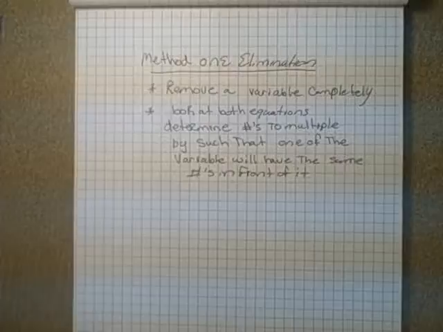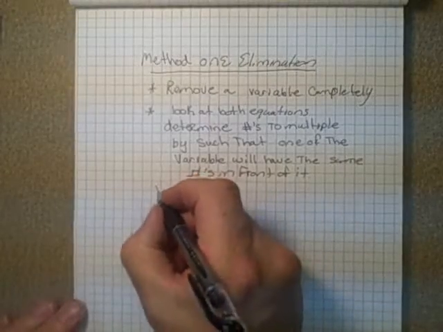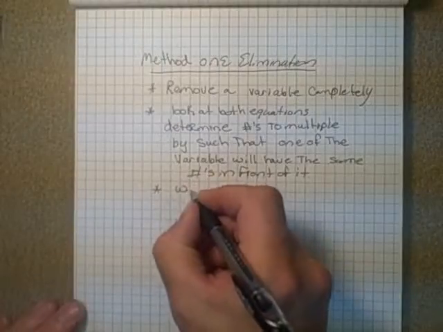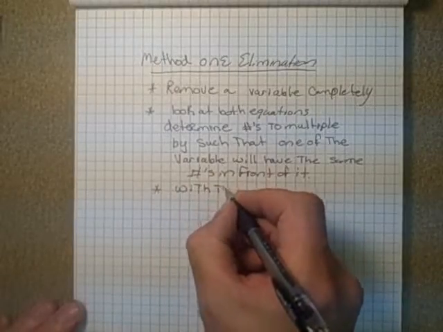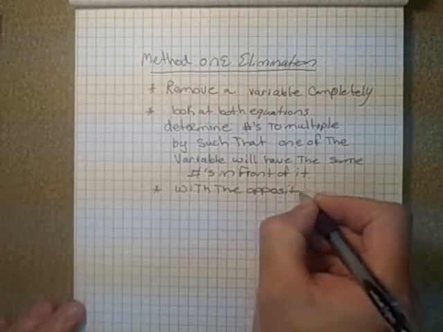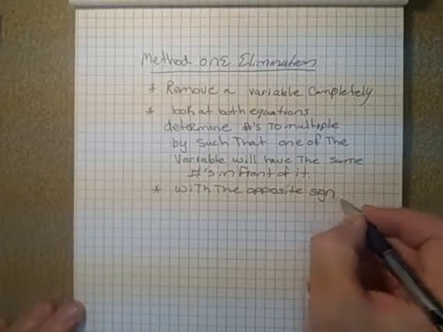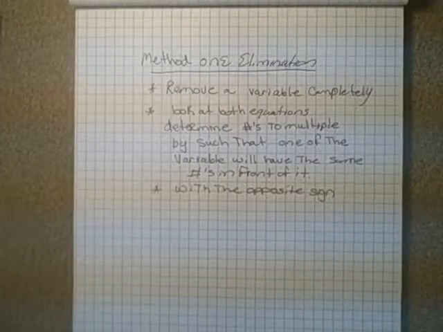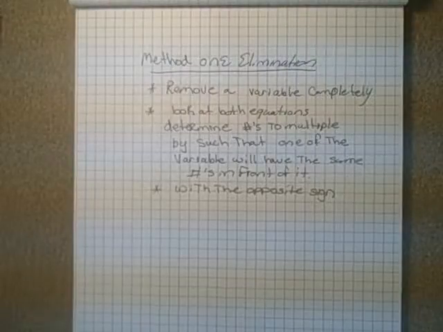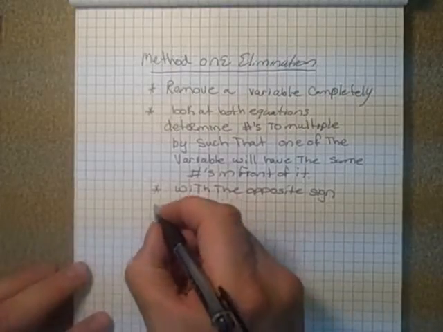So the only thing is you want the number, but you want the opposite sign. Okay, so you would multiply these numbers out, get the same number in one of the coefficients with the opposite sign. Then you would simply add the two equations together to eliminate that variable.